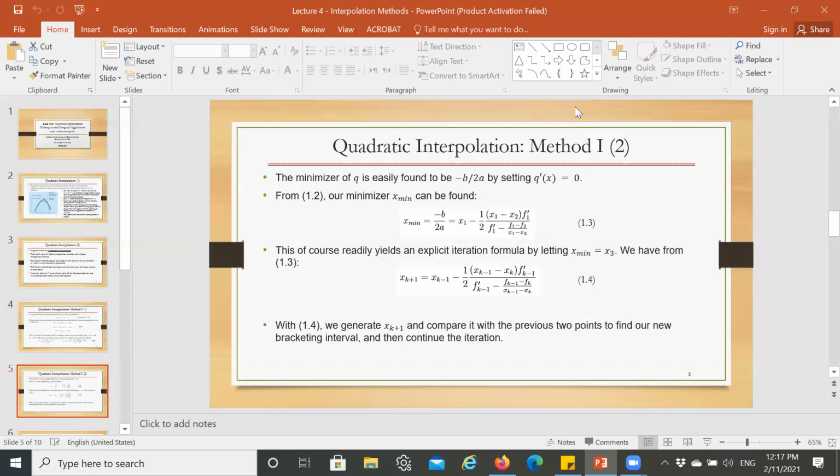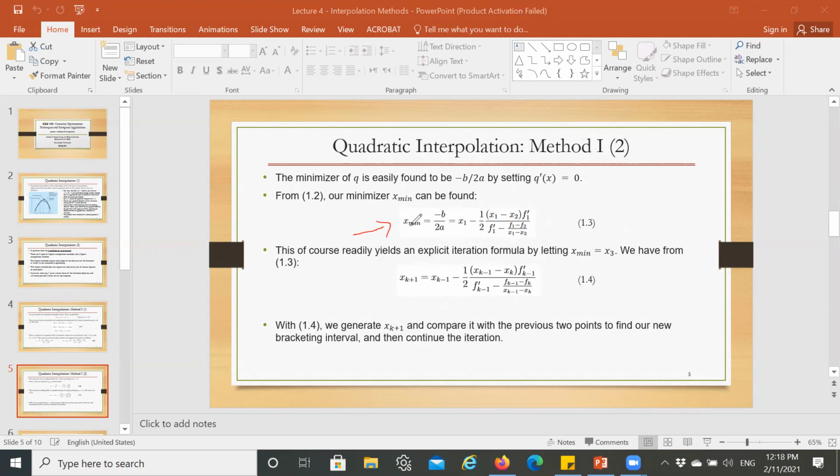All right, let me clear this for you. Now you would get the x minimum, which we are looking for, and it would be equal to equation 1.3, which is in terms of the first derivative and the functional values of f1 and f2. So now this new point replaces our previous points. Now you have to iterate.